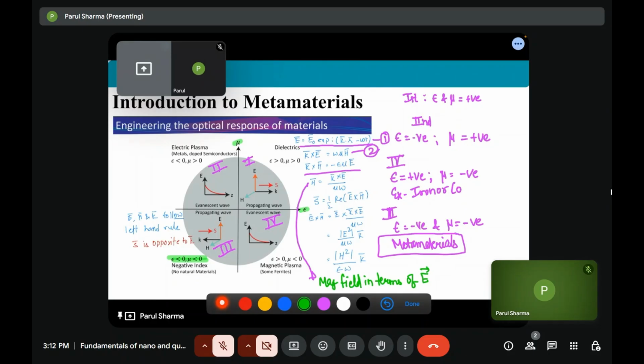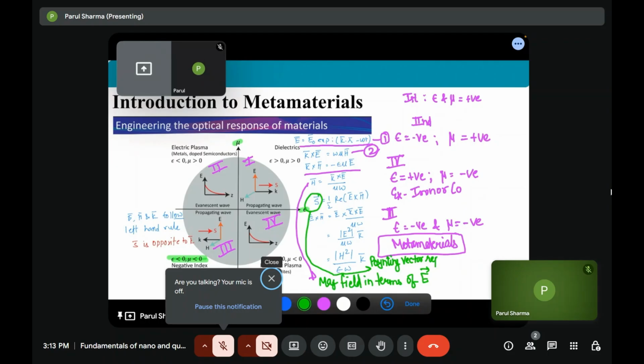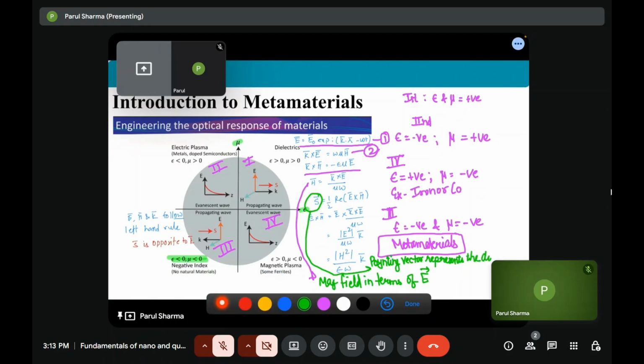So what does the Poynting vector represent? The Poynting vector represents the direction of energy propagation.